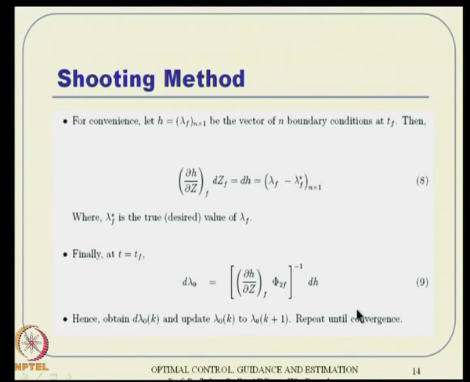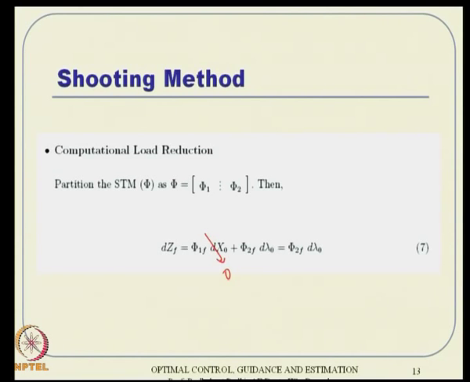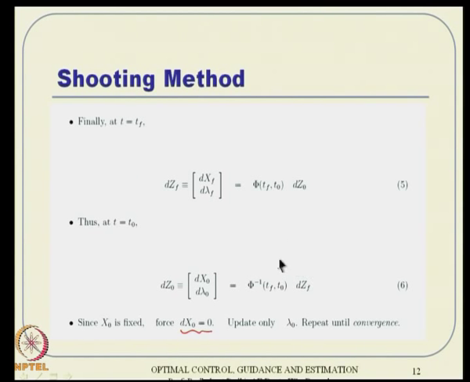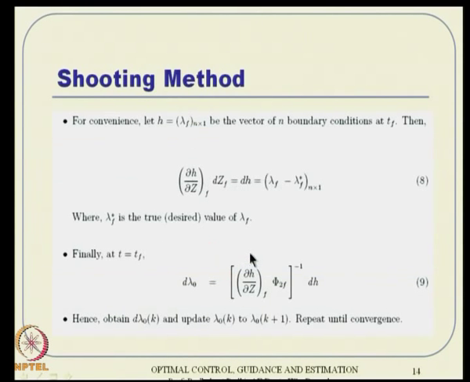The reason is that if we do this directly, we will end up with a 2n by 2n matrix inversion. x is n and λ is n, so dz turns out to be 2n by 1, and φ turns out to be 2n by 2n. So, a 2n by 2n matrix inversion is required. But if you do this little bit of algebra, this happens to be n by 2n and this happens to be 2n by n. That means you will end up with an n by n matrix inversion only.